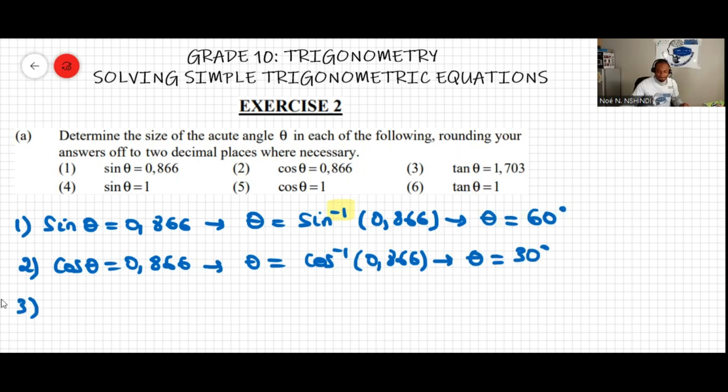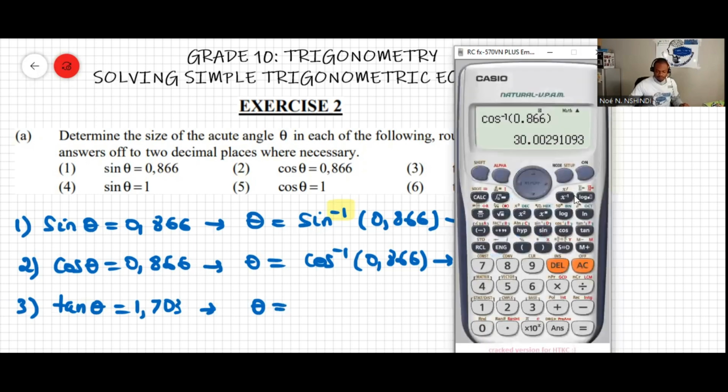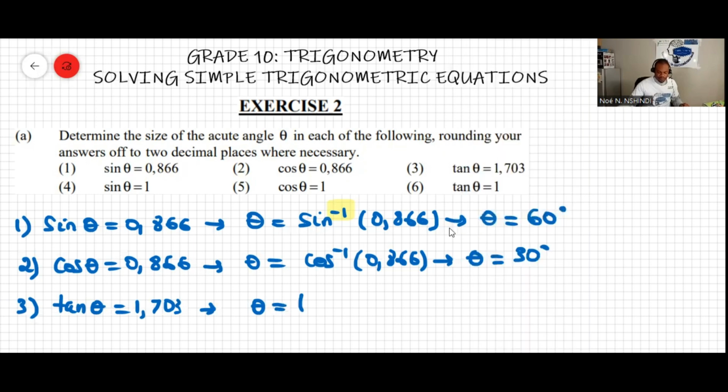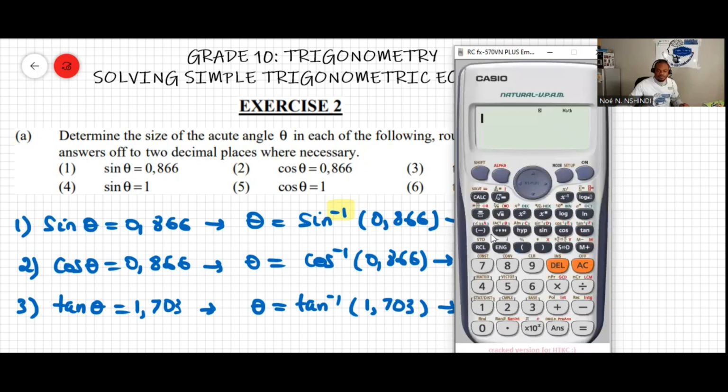Question 3. Tan theta equal to 1.703. To find the value of theta, we do tan -1 of 1.703, and that will make theta equal to, we press shift and then tan on the calculator, then write 1.703, close bracket, and hit the equal button.